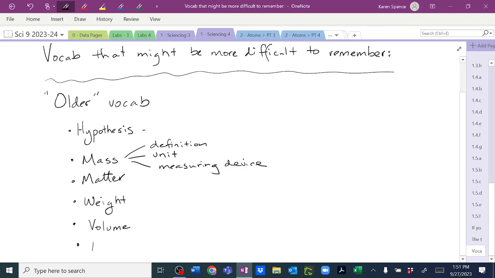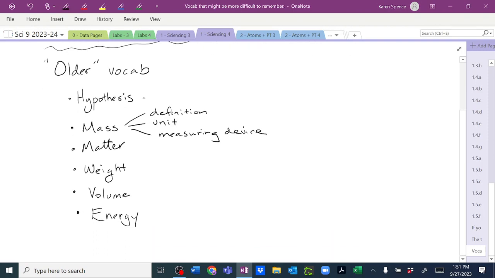What about just plain old matter? What's one sort of thing that is never matter, something that is non-matter? One category of non-matter. Starts with an E. Energy. Do you guys remember what energy is? Tell your partner if you can remember what energy is.